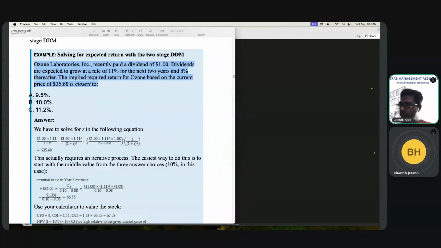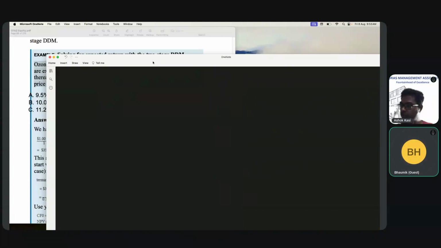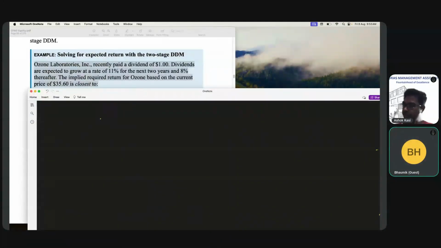Dividends are expected to grow at 11% for the next 2 years and 8% thereafter. The implied rate. Can you do this on your own? Yeah, I'll try, sir.